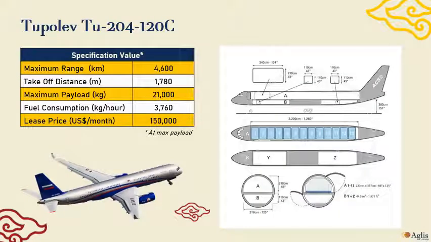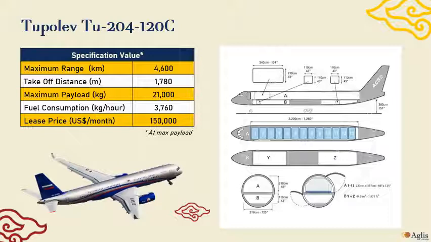The fifth choice is a medium-range, narrow-body aircraft from a Russian company, Tupolev, which is the Tupolev Tu-204-120C, where C is for cargo. This aircraft has been used by one reputable international logistics company, DHL.